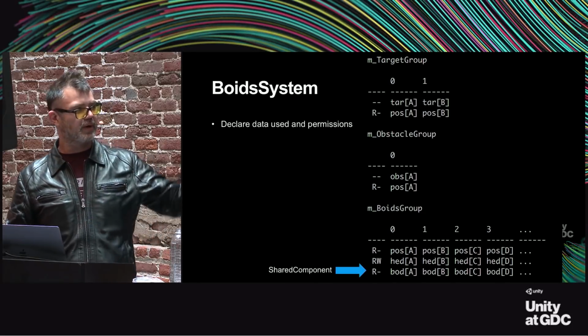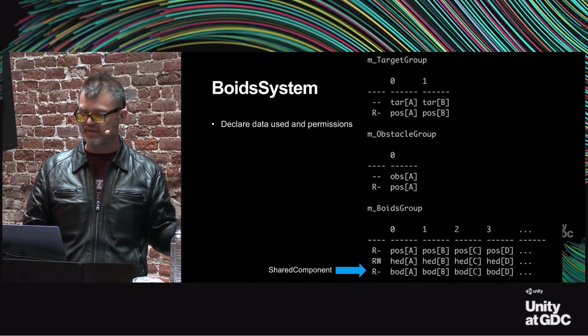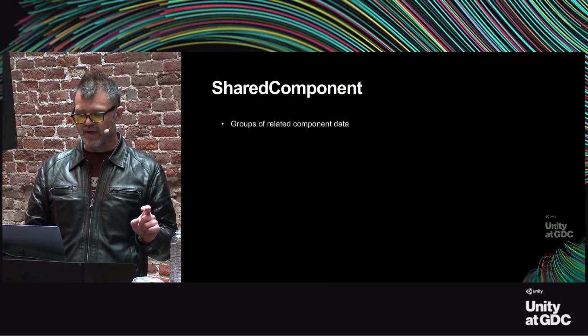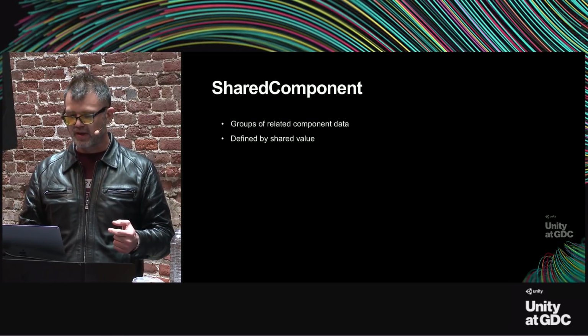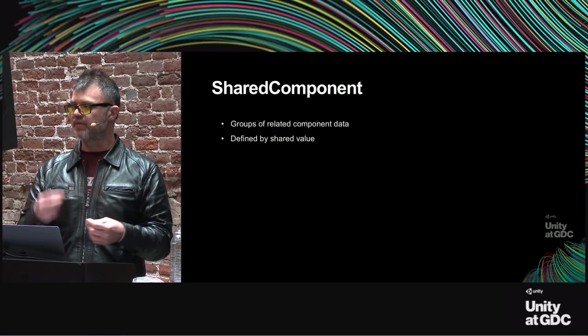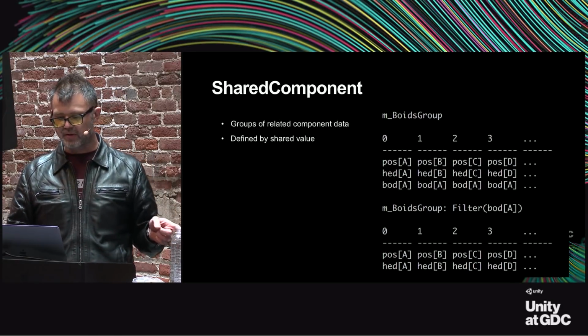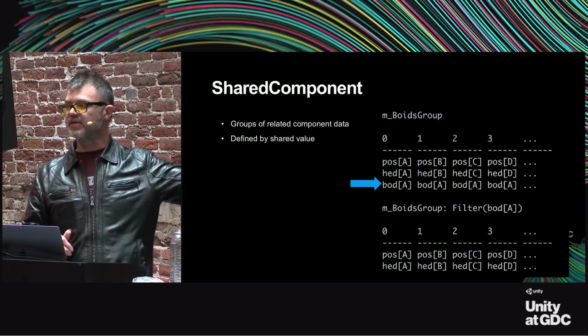At this point, I'll point out the Boid component itself is a different concept. It's a new concept that we're using in this particular system, which we call a shared component. The shared component is really groups of related component data, and those groups are defined by a specific shared value. So in this particular case, all these Boid components are actually the same value.